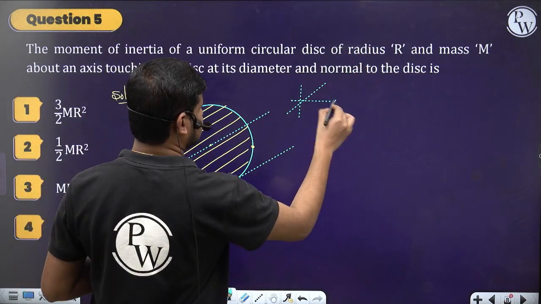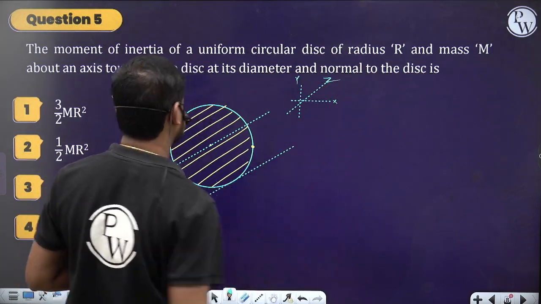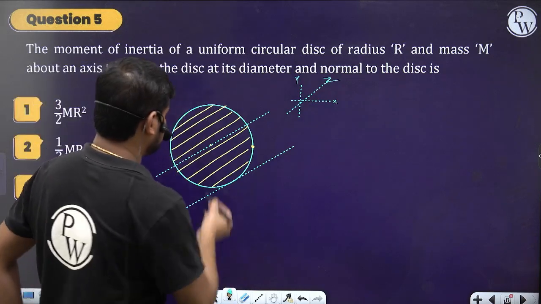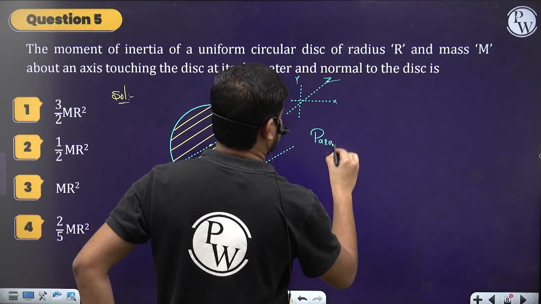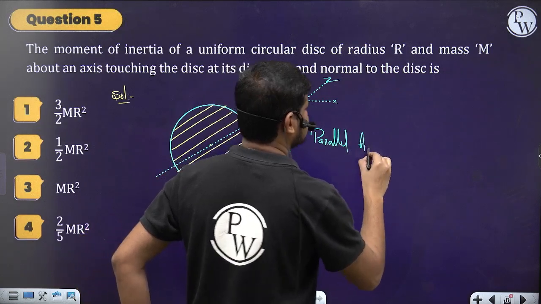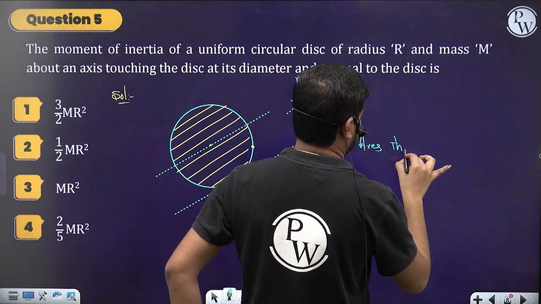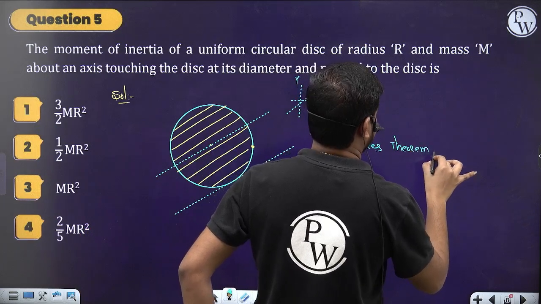So this is x, y, and then z axis. Clear? Chalo. I can apply the parallel axis theorem here. What do we get? Same answer.